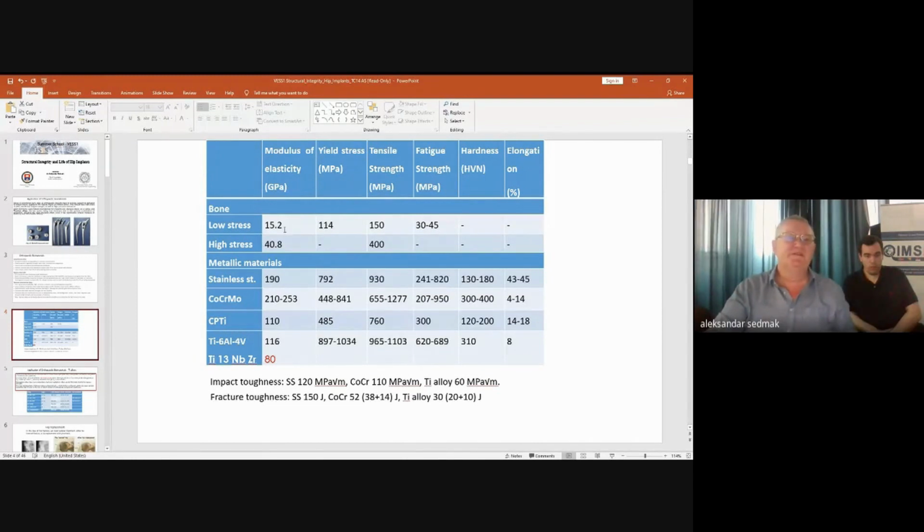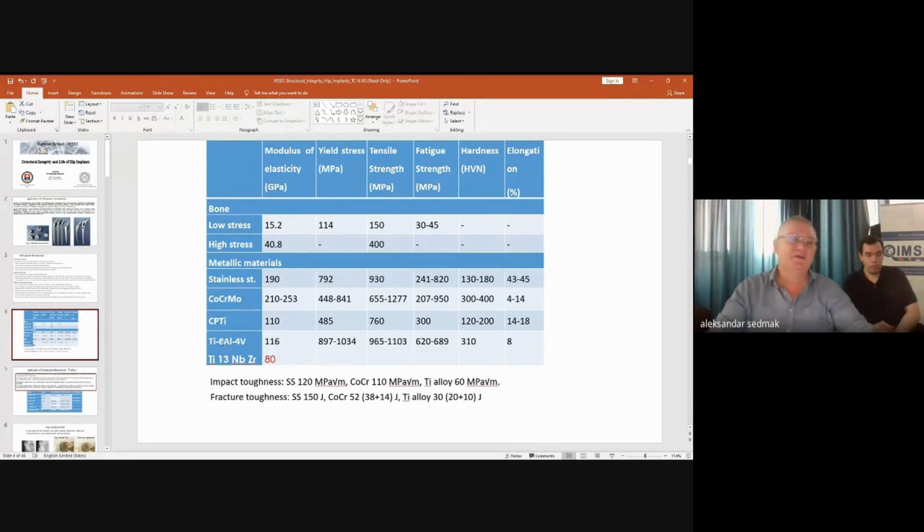the modulus of elasticity for bone is in the range of 15 to 40 gigapascals, whereas chromium, cobalt, molybdenum alloy, one of these cobalt-based alloys, is more than 200. Stainless steel is close to 200, and then commercially pure titanium is 110.